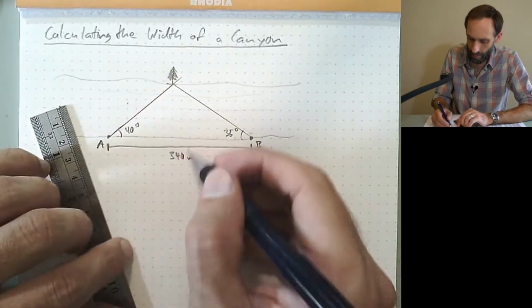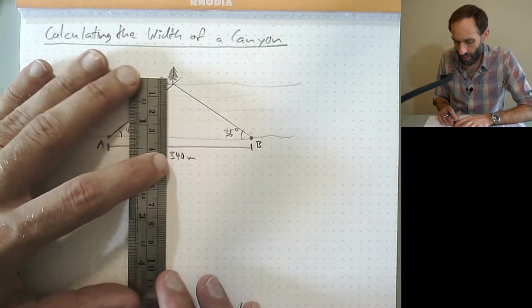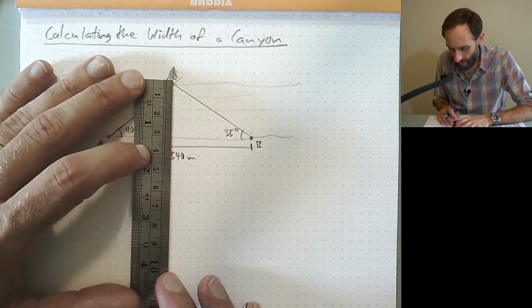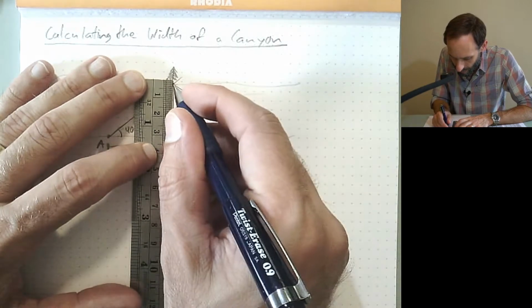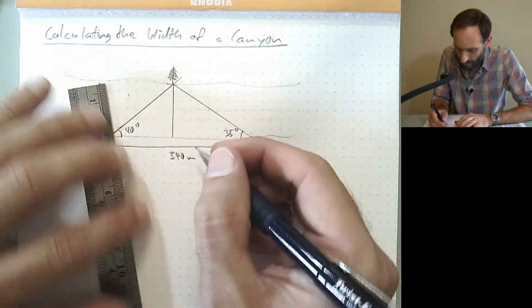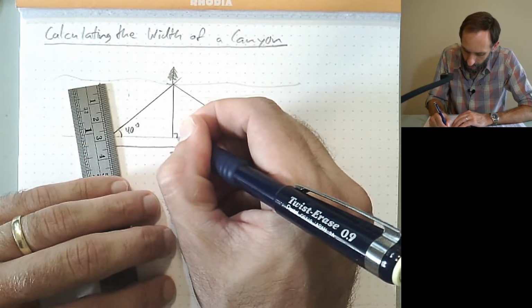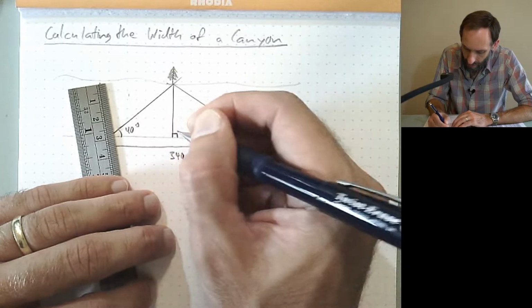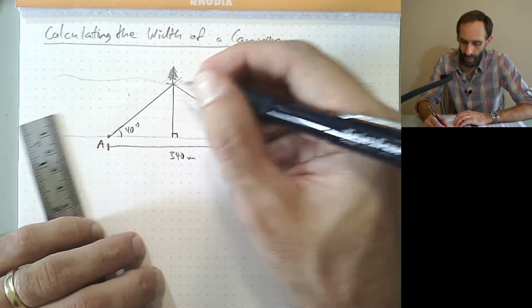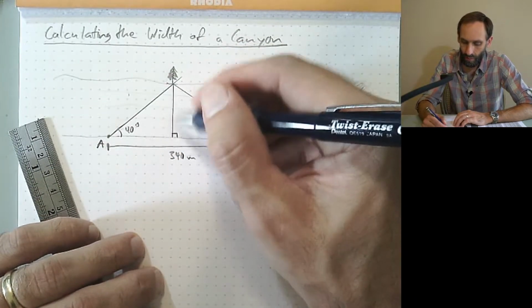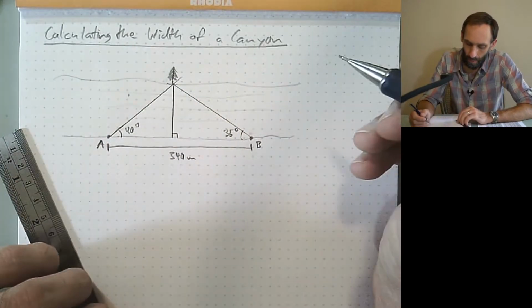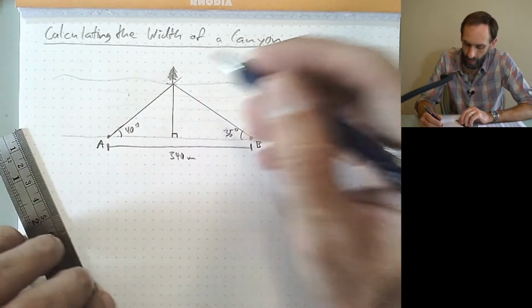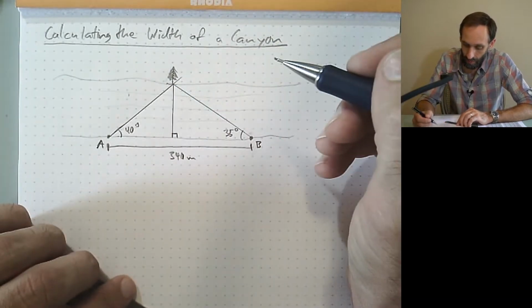Maybe this is just a lot of shrubs and such, and you just can't access that area. So we are going to go ahead and draw in this altitude right here. What we're looking for is the distance across the canyon, and that distance would be at a right angle to this line right here, going to the object that you're using.